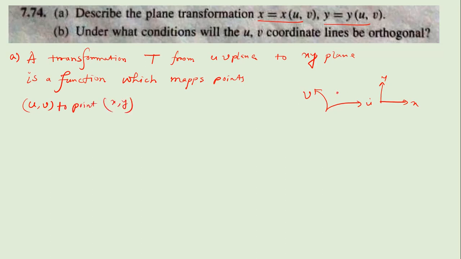This is the uv plane, with the u axis and v axis, and this is the xy plane, with the x axis and y axis. That is, there is any point u comma v and there is any point x comma y. We can relate them by this transformation, right?